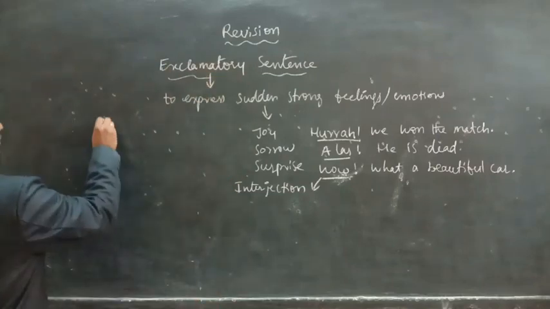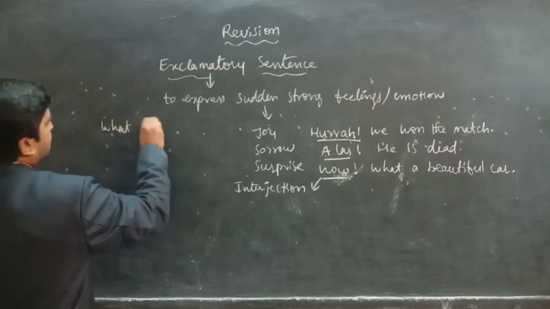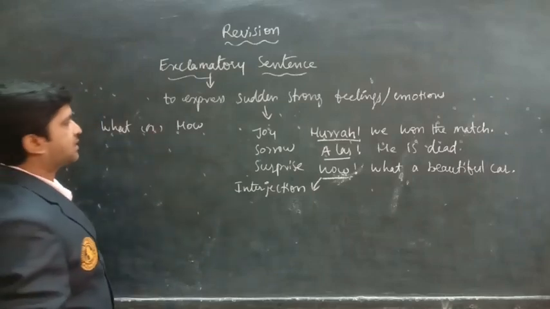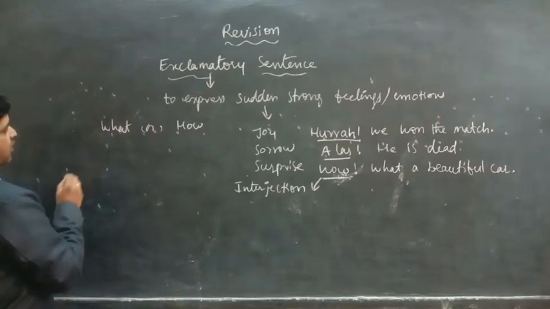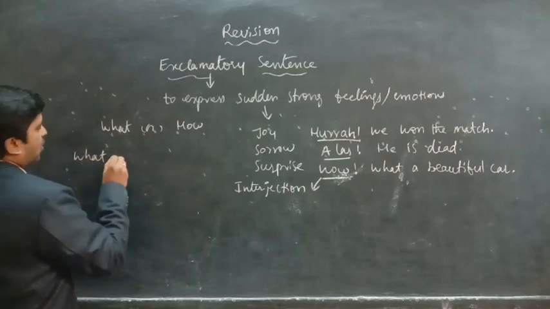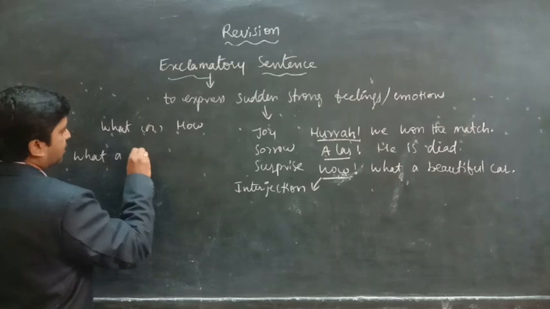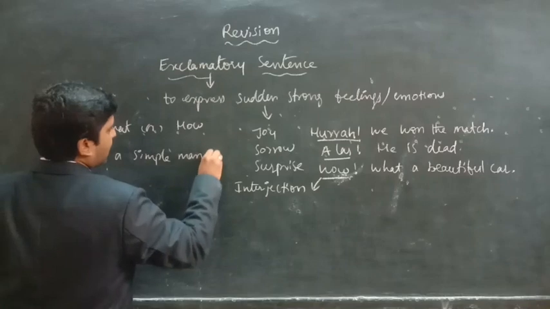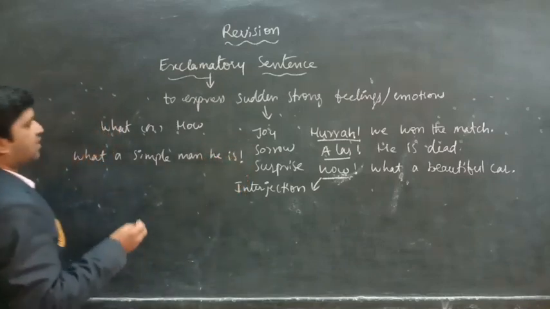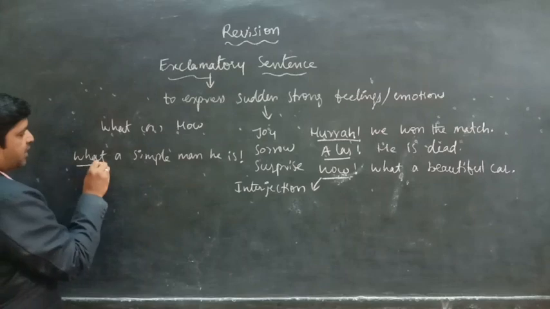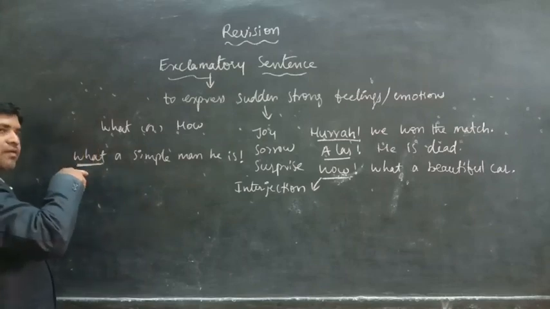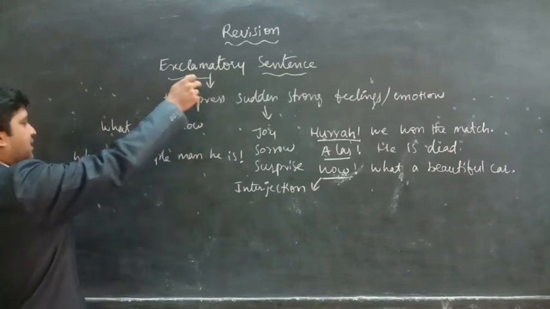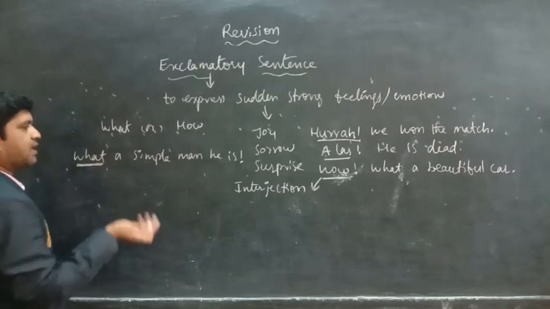Another way is possible to write this type of sentence. We use what or how to write exclamatory sentences. With what: What a simple man he is. This what is also used as a question word, but in exclamatory sentences we use it another way.